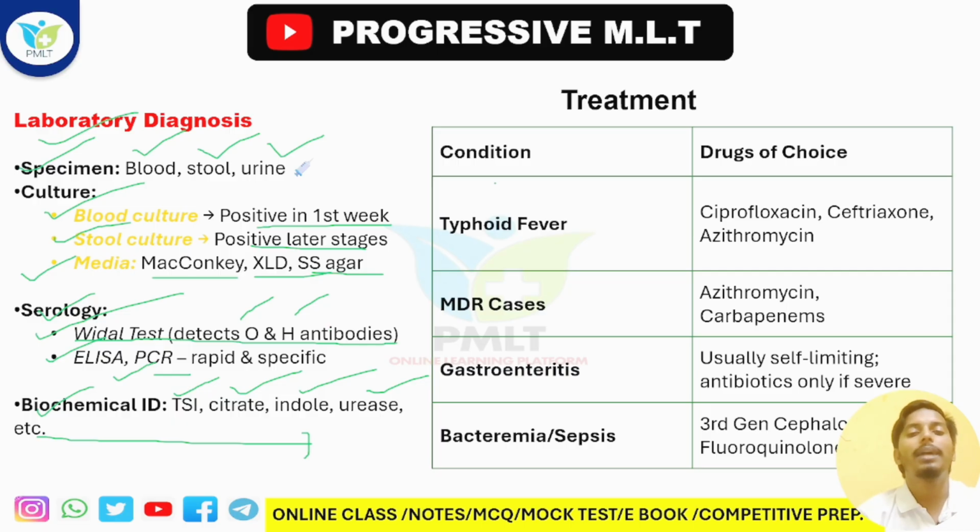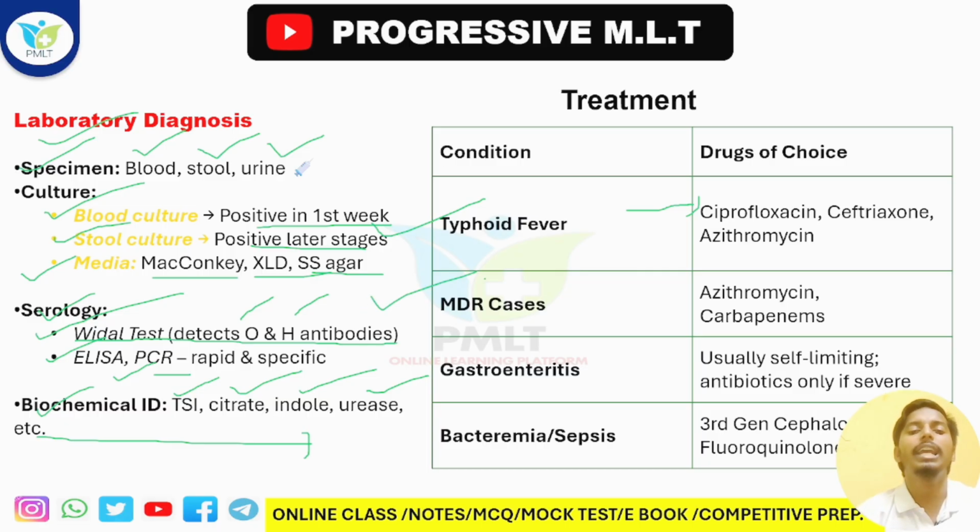Got it? Now I am coming to the treatment portion. For typhoid fever, there are ciprofloxacin, ceftriaxone, and after that azithromycin. Though treatment is not our part, this is only a suggested treatment; please don't apply it in practical life, just go to the doctor and they will suggest the proper treatment. But from the microbiology aspect, we are just providing the basic treatment and basic drug of the particular disease.